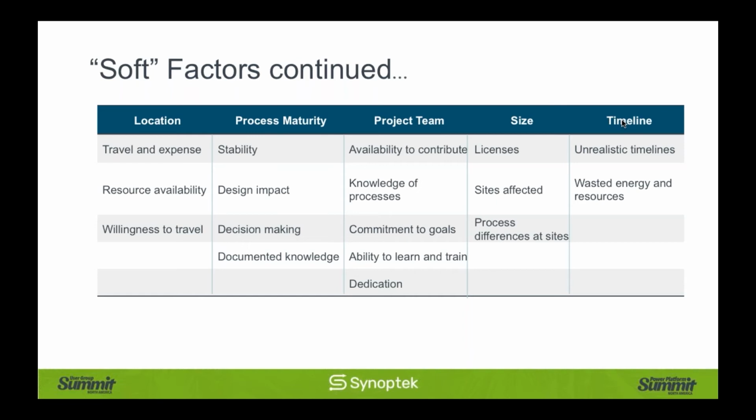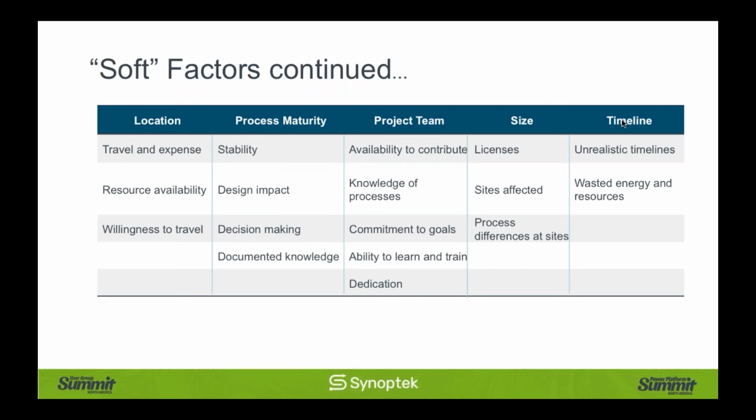Because without that stable core team who can share that knowledge, and maybe even move things that are in tribal knowledge into documented knowledge, you are ensuring that you have the right people that are going to be there to support you during and after, and also the right team that is going to be champions of that software and cut down on the amount of time you keep pushing out the project.